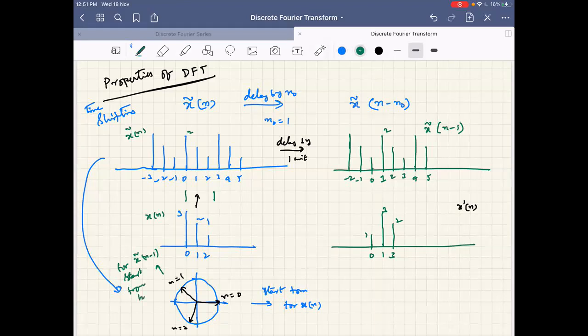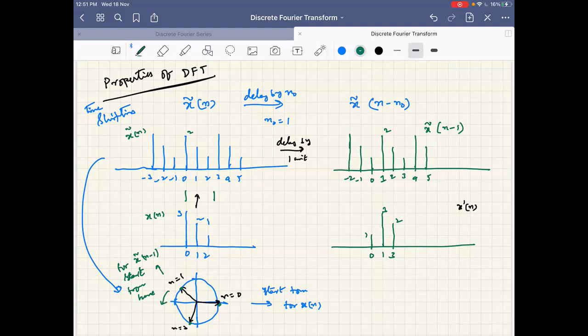So if you start from here, what is happening? This can be considered as a circular shift. You have done it like this rather than starting from here, so it is a circular shift.